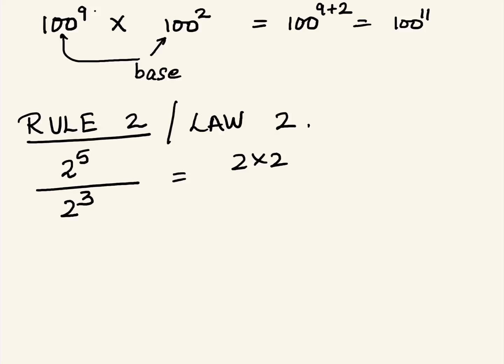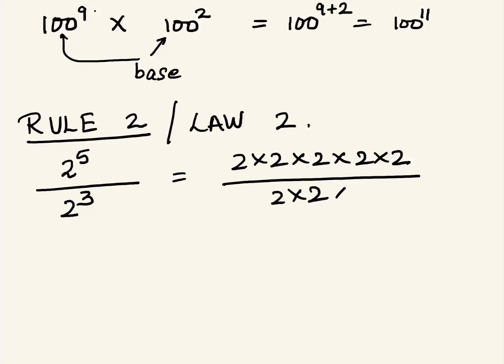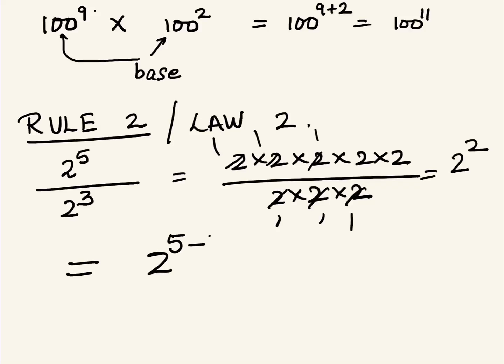That means I have 2 times 2 times 2 times 2 times 2 divided by 2 times 2 times 2. 2 times 1, 2 times 1, 2 times 1. So I'm left with 2 to the power of 2. That is the same as 2 to the power 5 minus 3, right? And that is your 2 to the power 2.